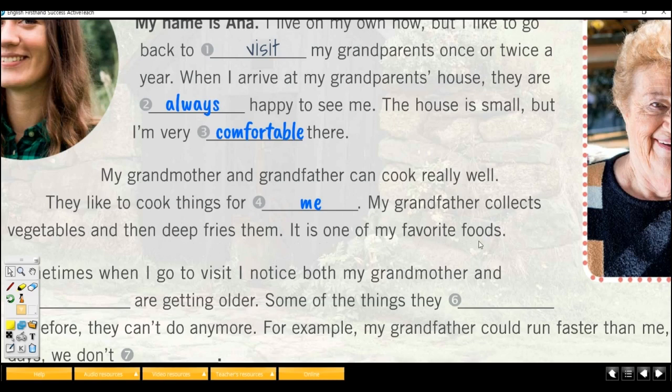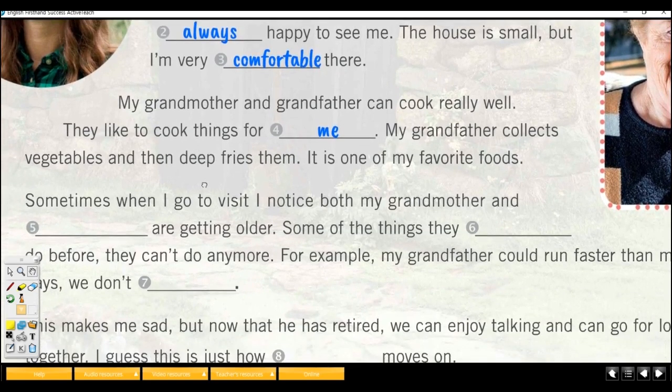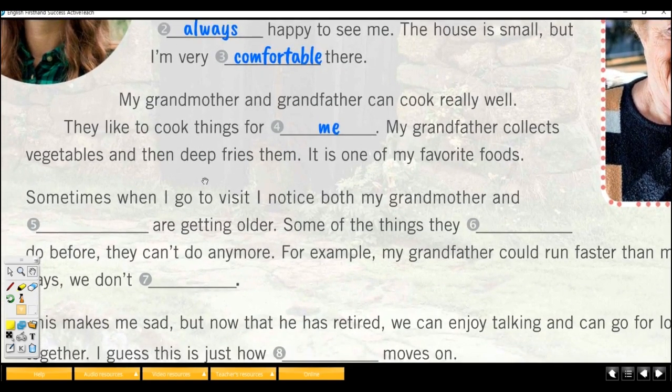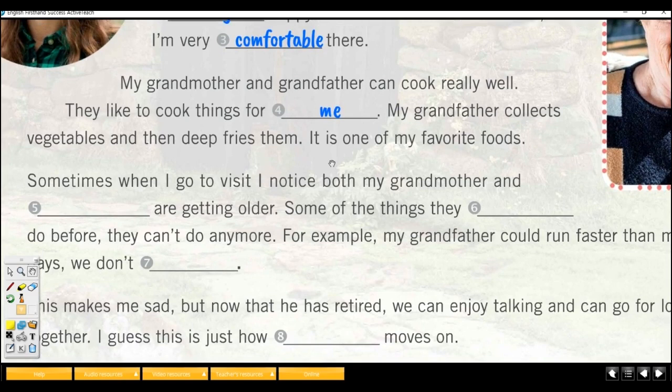It is one of my favorite foods. 야채 튀김 is one of my favorite foods. 야채 튀김 제일 좋아하는 음식이에요. One of my favorites.